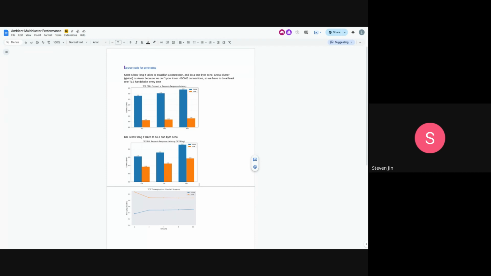Oh, by the way, I did this all locally using kind clusters. And finally, the throughput is around 60% of what it is in single cluster, like if you go within the cluster versus crossing clusters.